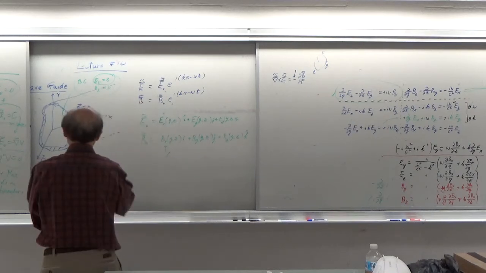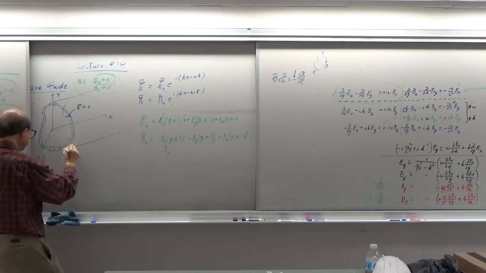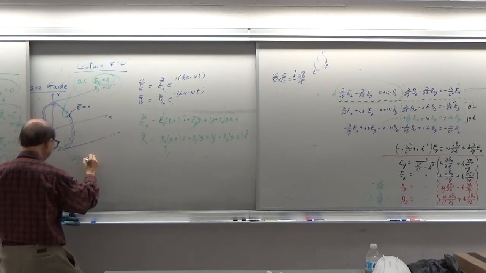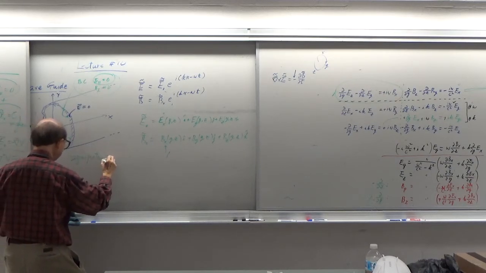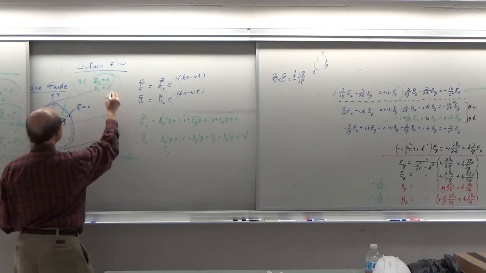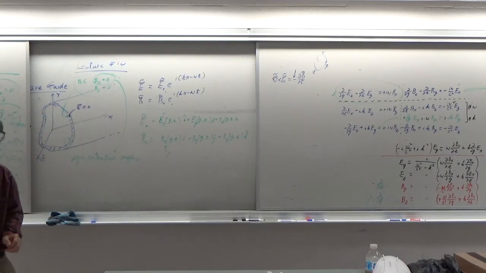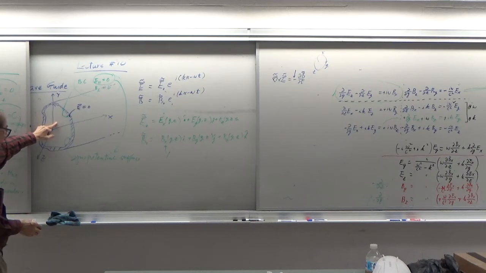That means that the inner surface of the pipe is an equipotential surface. And this is the boundary for this region, this hollow pipe.